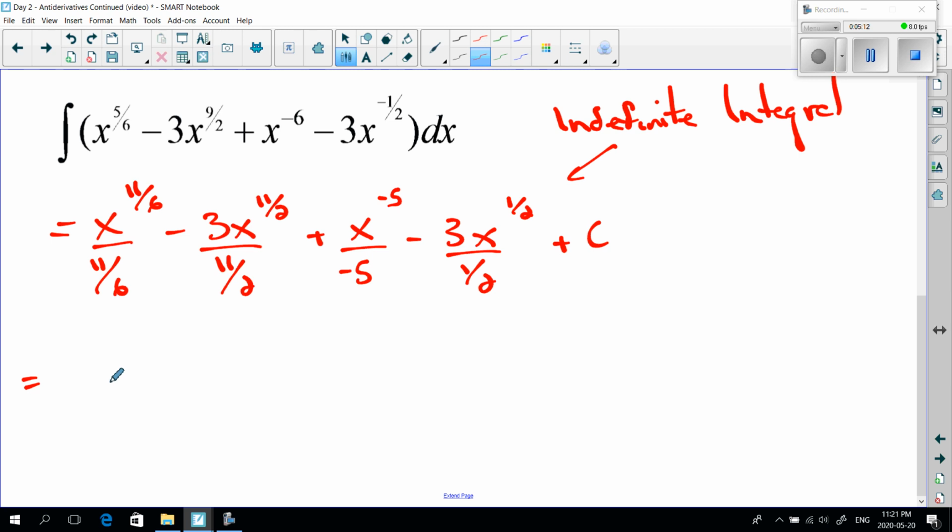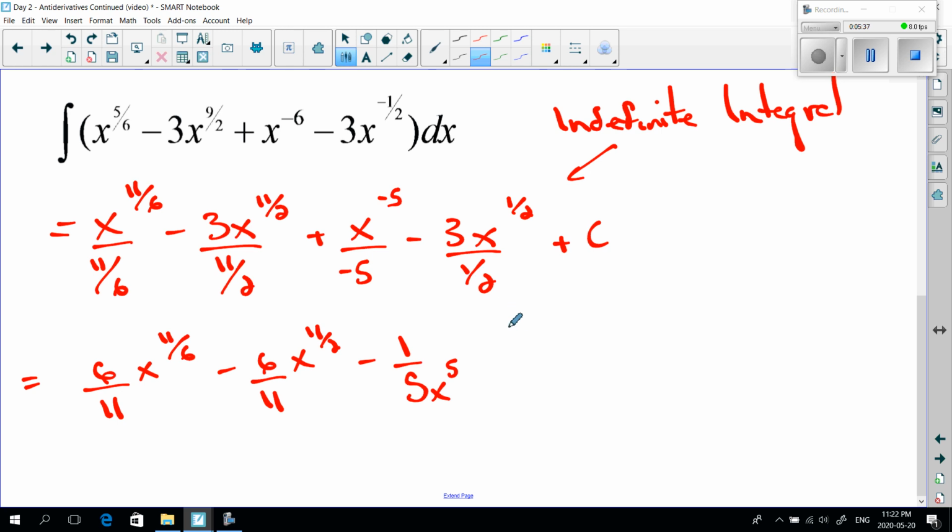And now I'm going to clean this up. 6/11 x to the 11 over 6. Negative 3 times 2 over 11 would give me negative 6 over 11 x to the 11 over 2. Positive 1 divided by negative 5 is negative 1/5. And the x to the negative 5 would go to the bottom to become a positive 5.